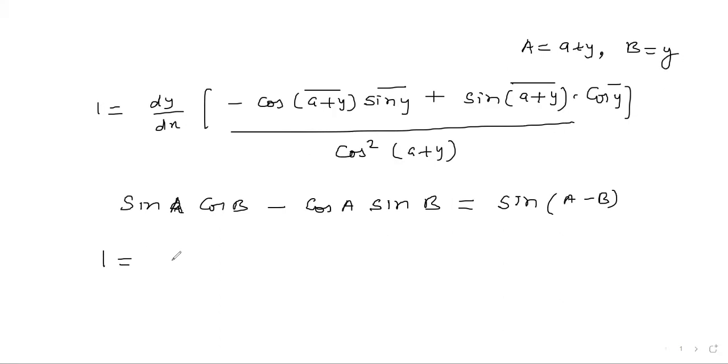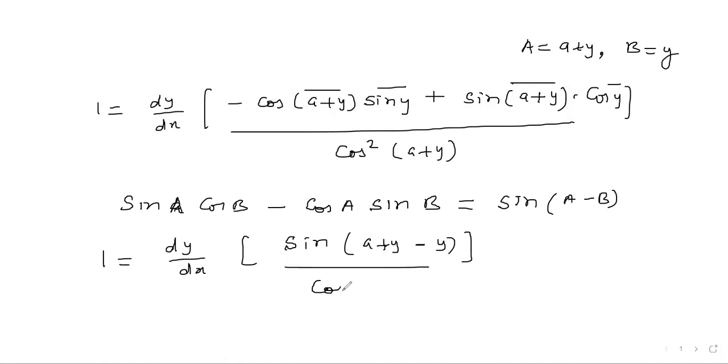So we get 1 equal to dy/dx times sin((a + y) − y) divided by cos²(a + y), so it will cancel out.